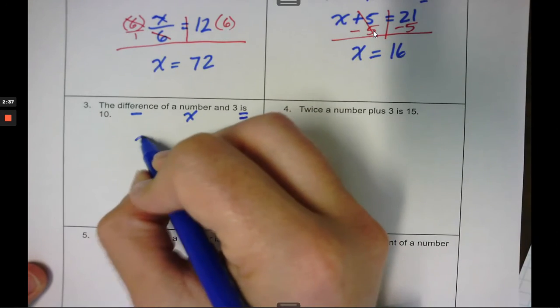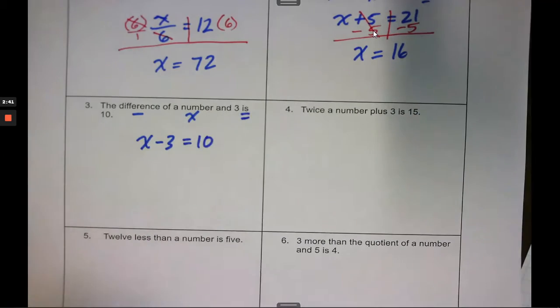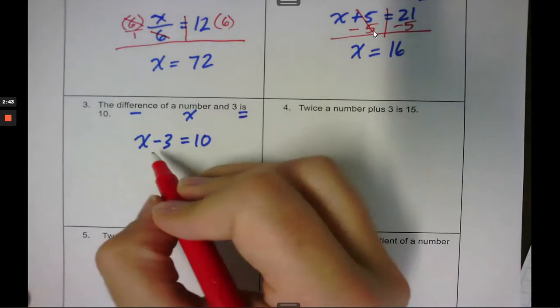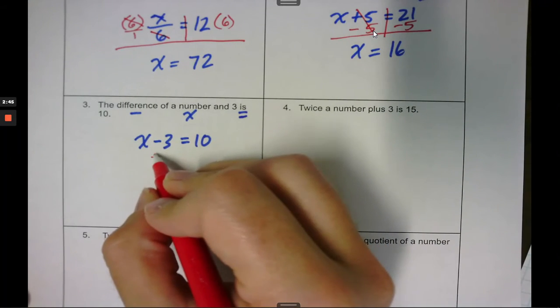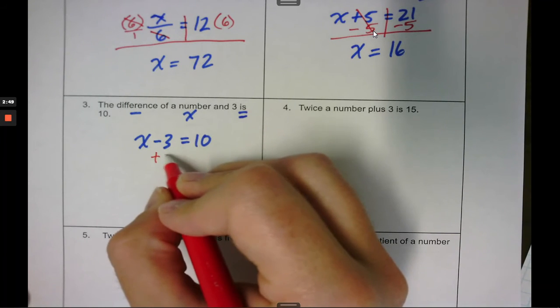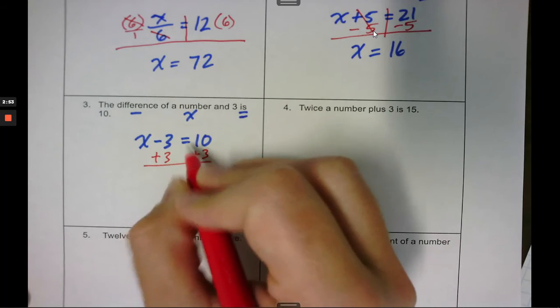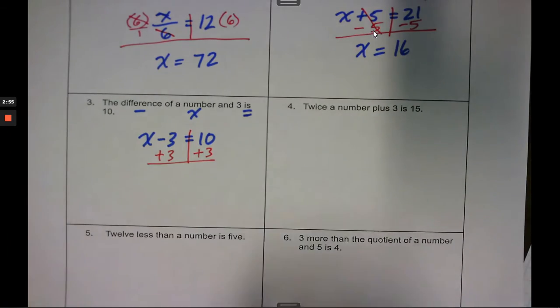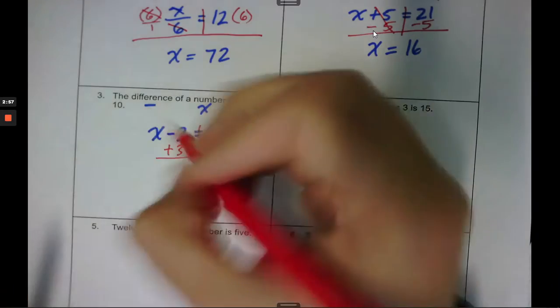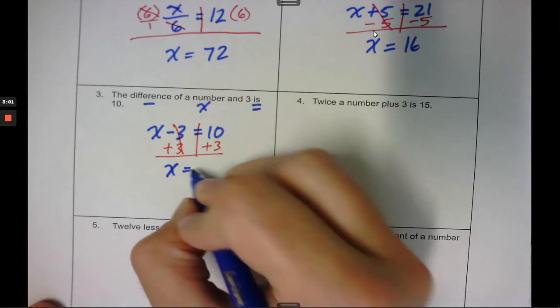So I have x minus 3 equals 10. And in order to solve that, I use the inverse of subtraction, which is addition. And I get rid of the thing that's on the same side as the x, which is the 3. So plus 3. And when I do that, those go to 0, and I get x equals 13.